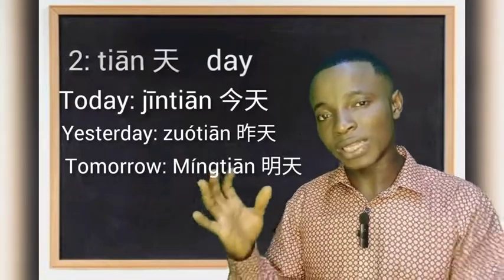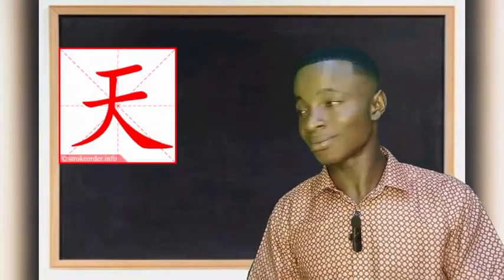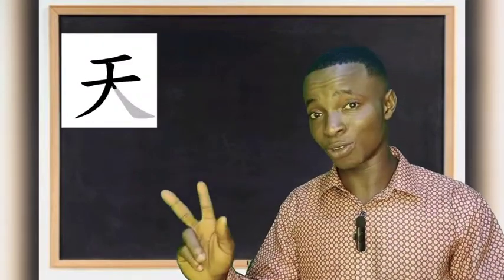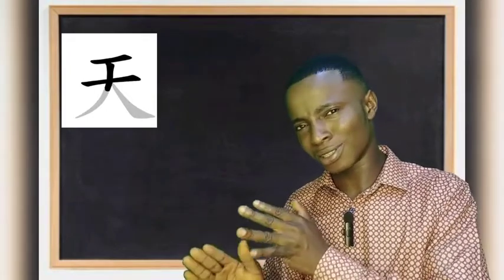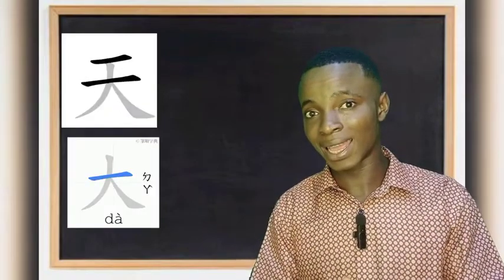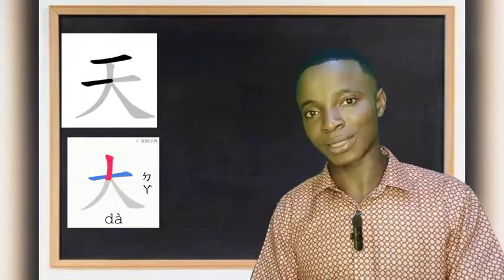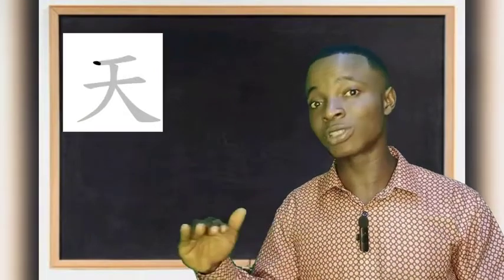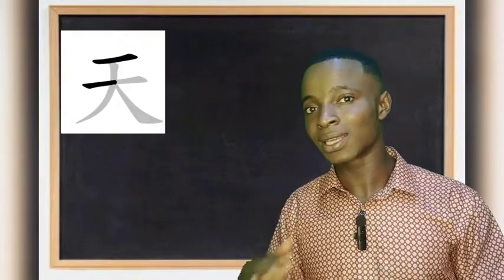Now, let's see where this stroke, na, appears in this character. It's very simple. Can you tell me how many strokes we have here? The character is just like the other character that we just discussed, which is da. But da has 3 strokes, and here it has 4. It has heng, heng, 2 horizontal lines first, then pie and na.